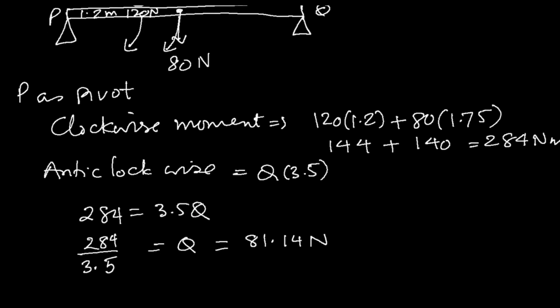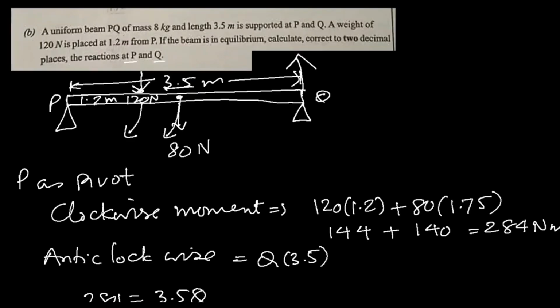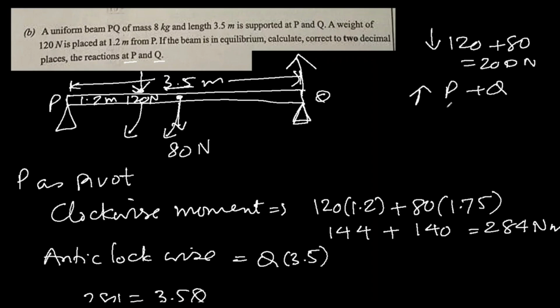For P also we can repeat a similar process by taking Q as pivot, but there is an easier way out. We know that downward forces are 120 newtons and 80 newtons, which is 200 newtons. Upward forces are P and Q, and Q is known to us now, so P plus 81.14.